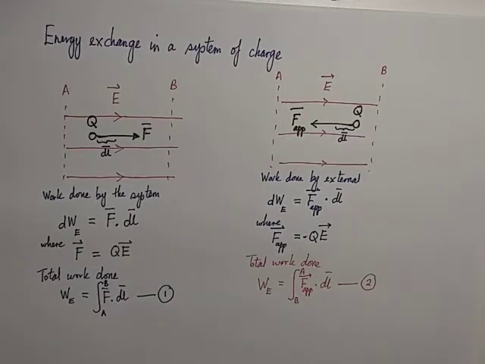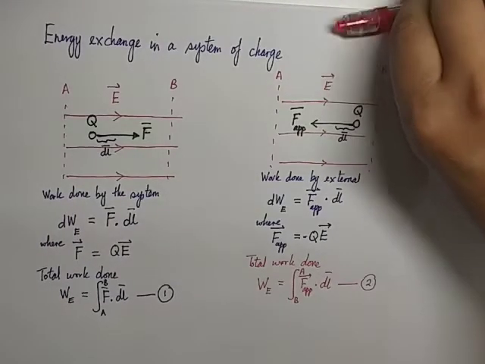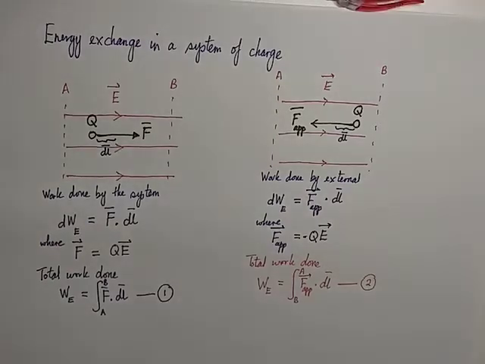So we have two sets of equations. Equation number 1 is the total work done by the system, and equation number 2 is the total work done by external. So let's compare these two equations. If you compare mathematically, I think you will agree with me that they actually result in the same solution.